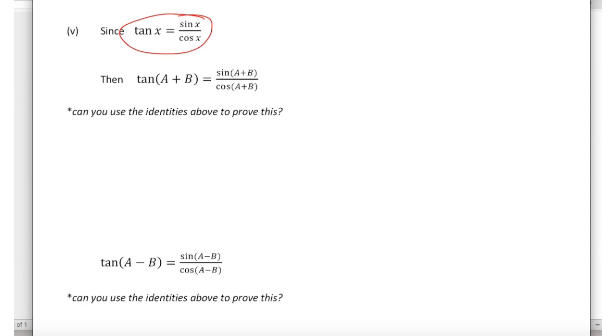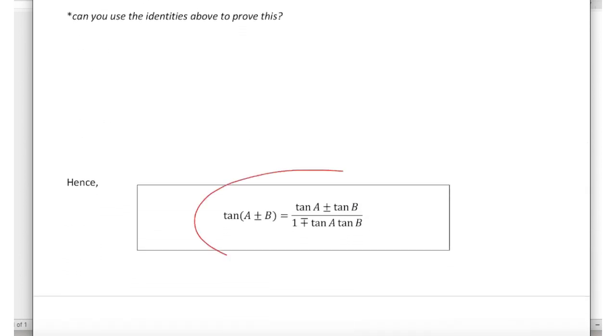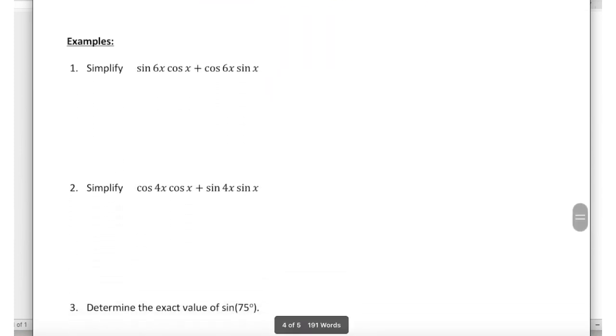So basically you're going to expand on the fact that sine A plus B is sine A times cos B plus cos A times sine B, over cos A times cos B take sine A times sine B. And then you can start simplifying from there and see if you can actually come down to prove these identities that we have here for tan. But more importantly, we need to be able to use these.